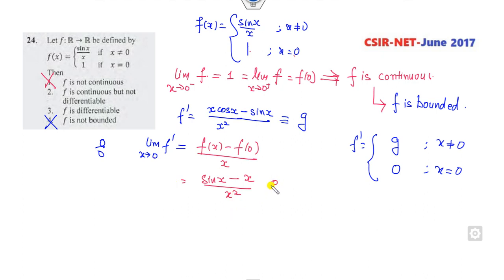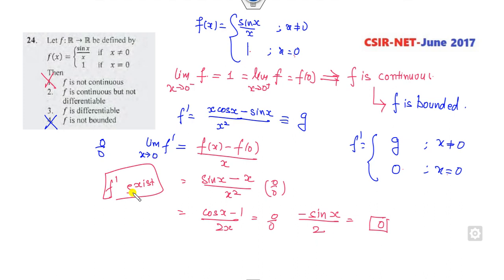It's again a 0 by 0 form. Now you can take derivatives. It's cos x minus 1 over 2x. Again it's a 0 by 0 form. So it is minus sin x over 2. So the limit will be 0. Fine. So f dash exists.